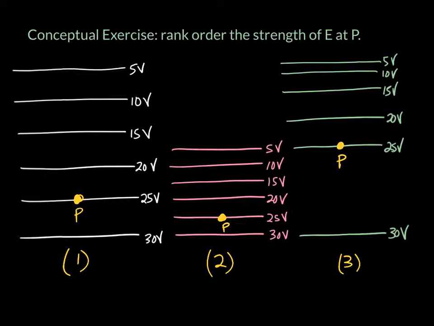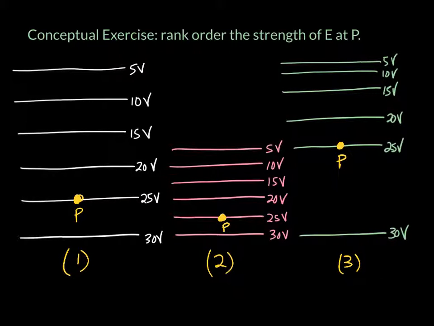So the trick here is rank order the strength of the electric field. Now there's a number of ways that you could understand the strength of the electric field. If you make a gravitational potential, like a topographical map of, say, a mountain, the more concentrated the lines on that map, the steeper the hill. The farther apart the lines, the flatter it is, okay? And so I think we could immediately know that situation 2 is the steepest.